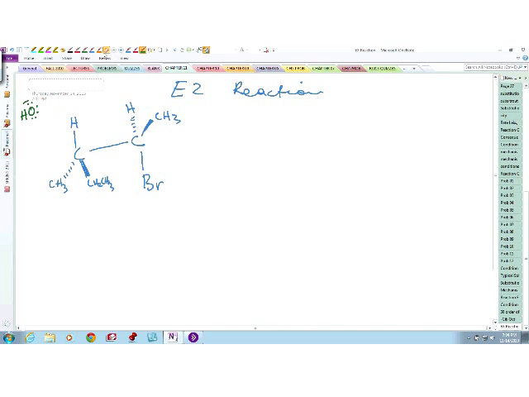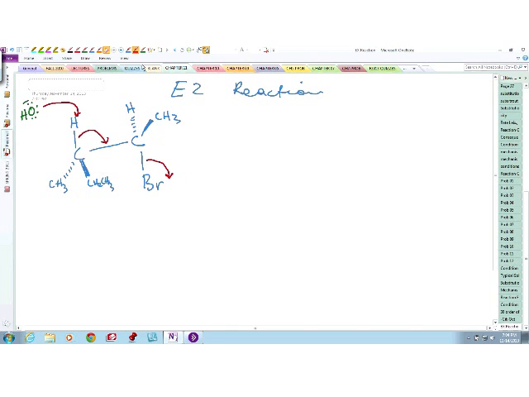So the base is going to come here to grab the hydrogen. And then this bond is going to break heterolytically so that you form a carbon-carbon double bond right here. And this is leaving. Now, I want you to pay attention to the relationship between the stereochemistry between this hydrogen and this bromine.